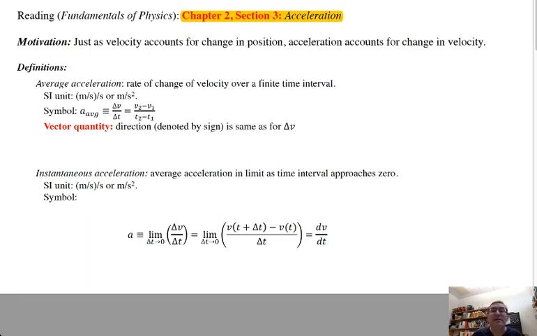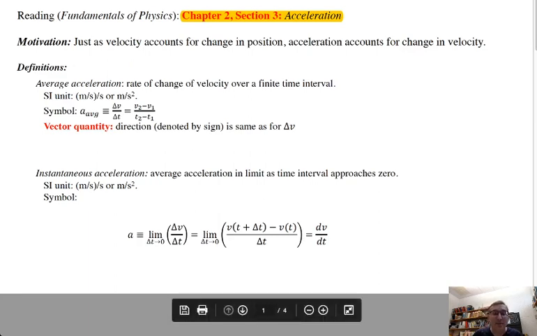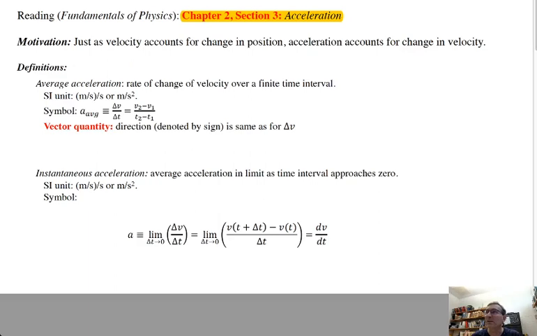First, let me motivate the idea of acceleration. I'll remind you that in the previous video lecture, we introduced the concept of velocity. And I should be more specific. We introduced two kinds of velocity: average velocity and instantaneous velocity. However, both are, in a way, a measure of the rate of change of a particle's position.